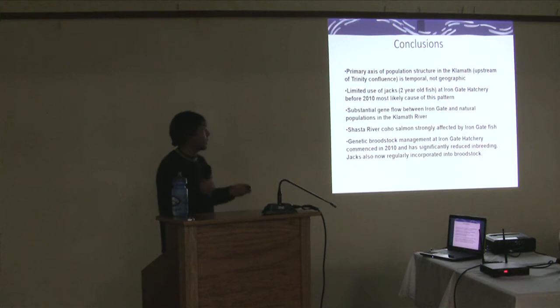We'd be a lot less concerned, I should say. And so one of the most important things that we can do, given the situation that we have now, which is that we will never have 100% control of where hatchery fish go when they leave the hatchery, is to try to decrease the differential in fitness between hatchery fish and natural origin fish, so that when these hatchery origin fish spawn in natural areas, the loss of fitness that accrues to the natural population is as small as it can be.